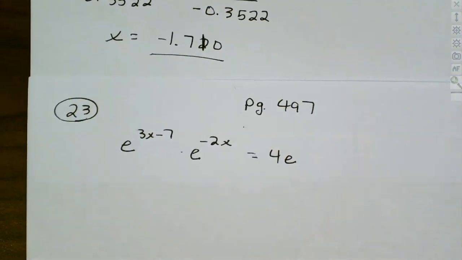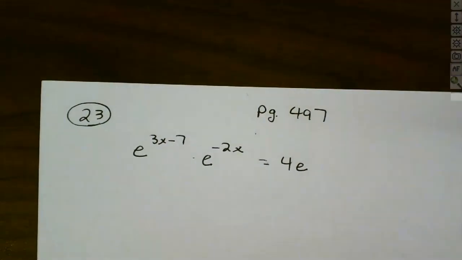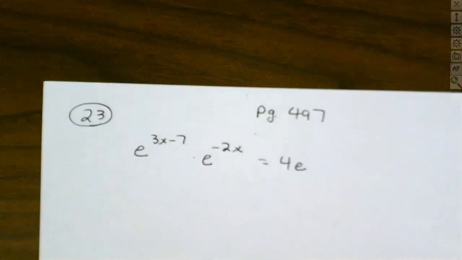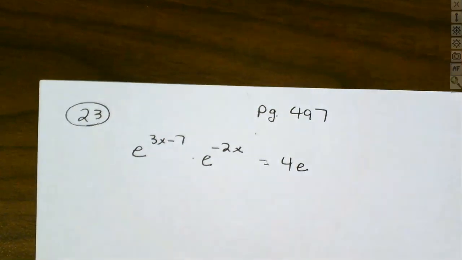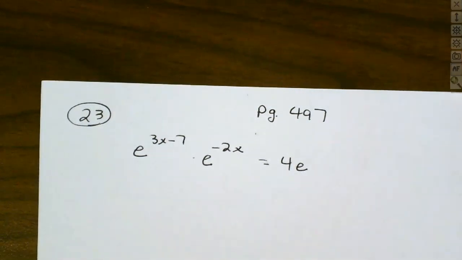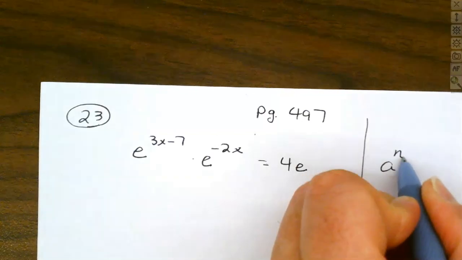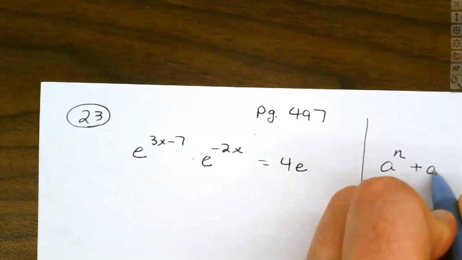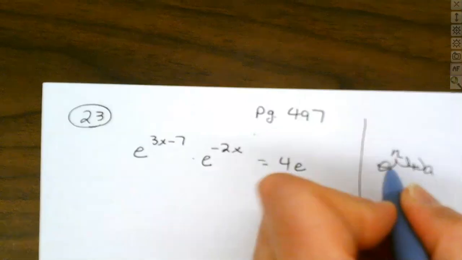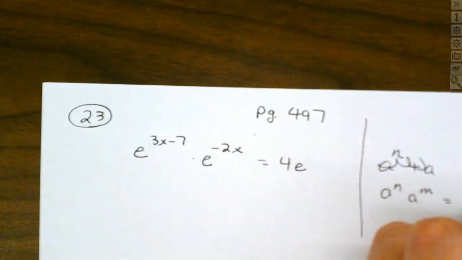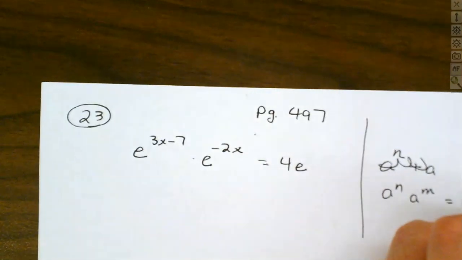Okay, so this one is exponentials instead of logarithms. And they, again, require some different techniques and different ways of thinking. Now let's think about exponentials and how they work. Remember this fact about exponentials: a to the n times a to the m, we can rewrite that as a to the n plus m power.